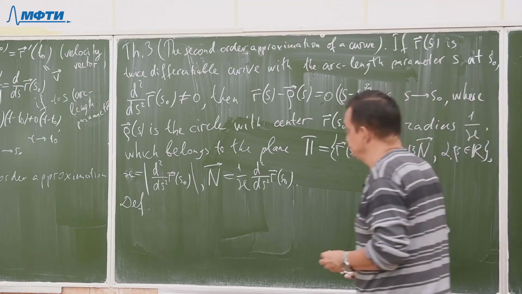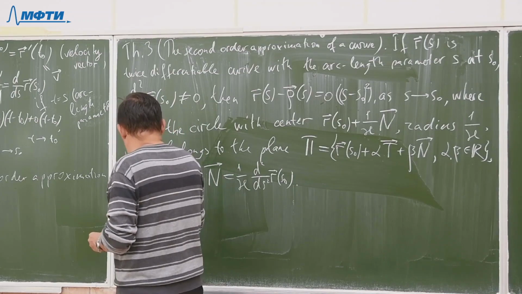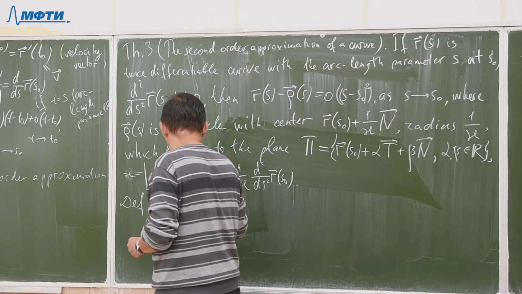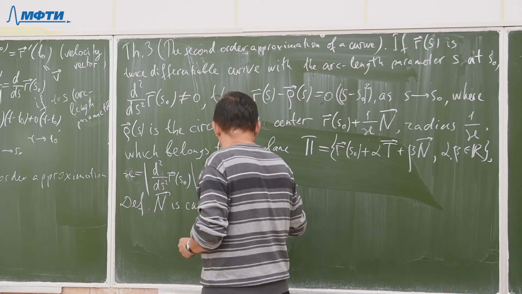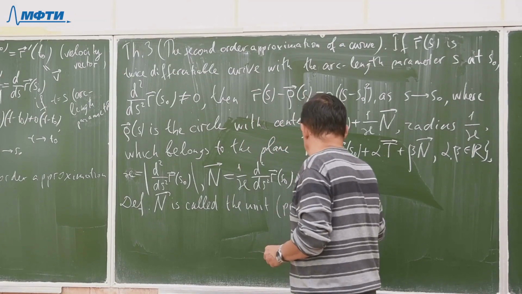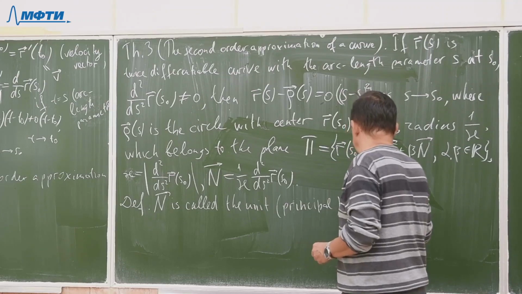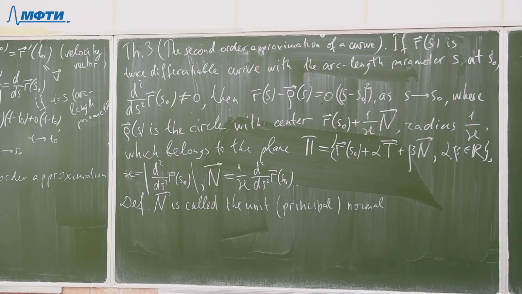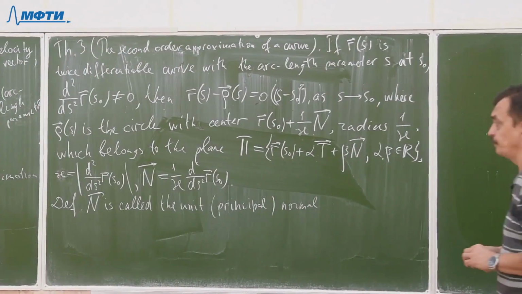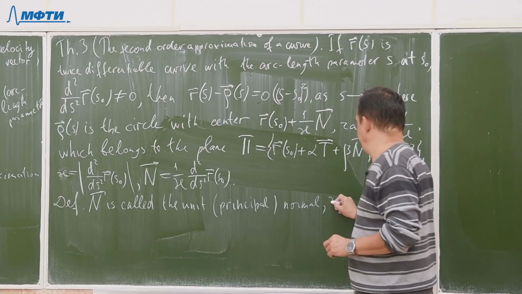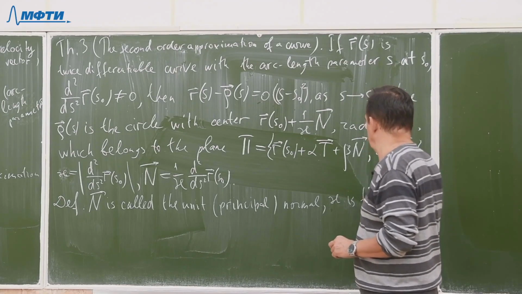So, definition. Vector n is called the unit principal normal. So, I'll omit the word principal, just the unit normal instead of that. Principal normal. Kappa is the curvature.